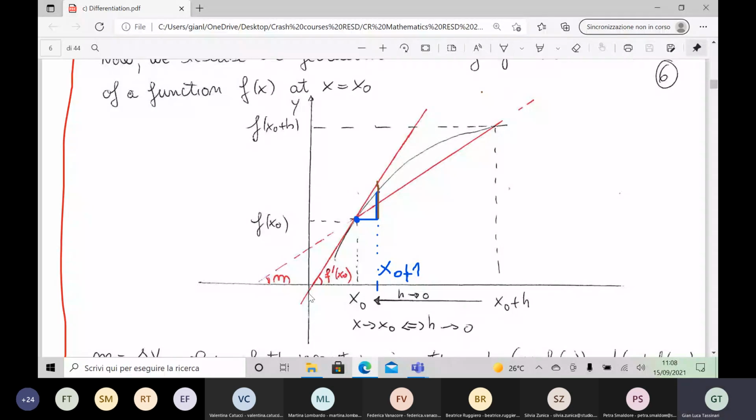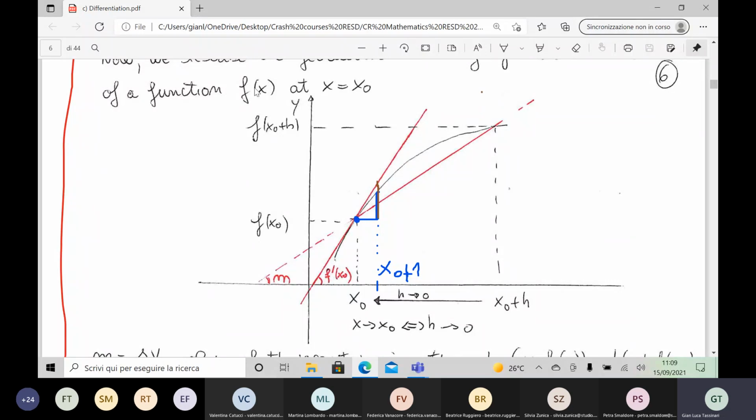The slope of the tangent line at this point, which I denoted with f prime of x0, is the derivative of your function evaluated at x0. So in other terms, I repeat, but then I summarize everything. Try to pay attention. The derivative of a function f is denoted as f prime of x.